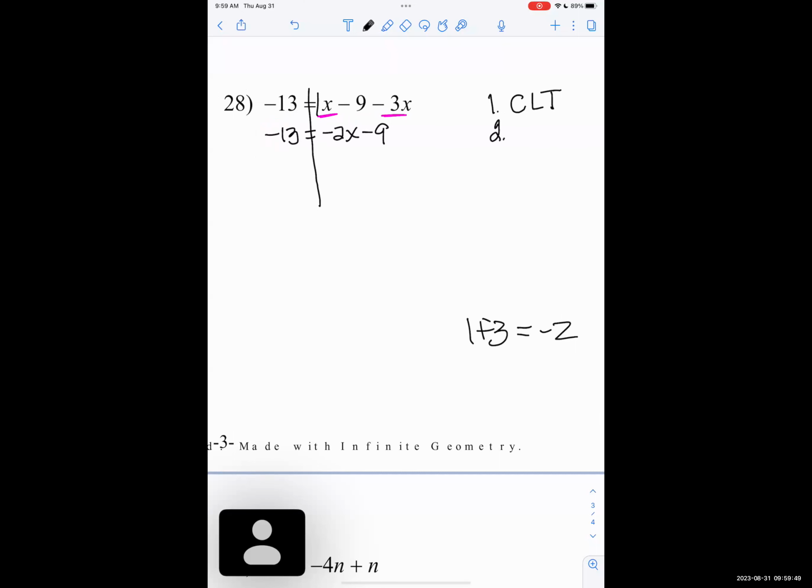Step 2, isolate. Now, we are isolating the variable. So we peel off the -2 and the -9.